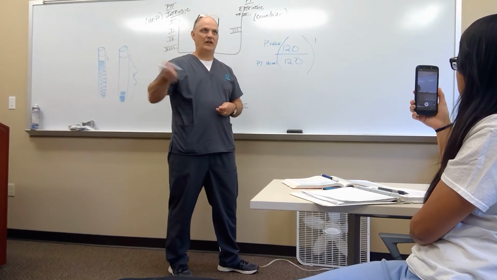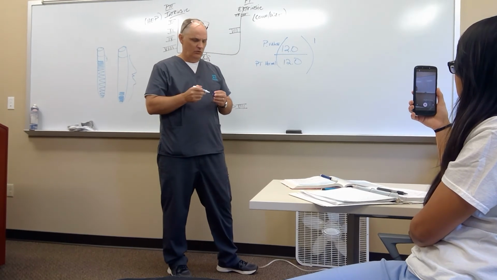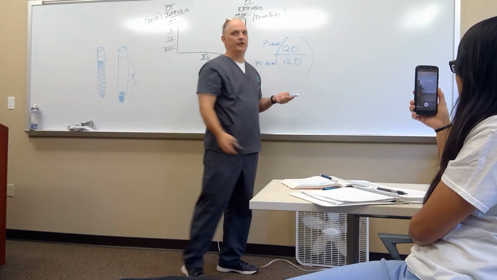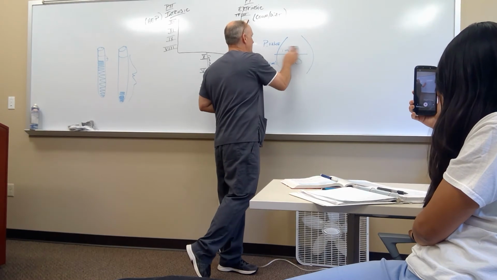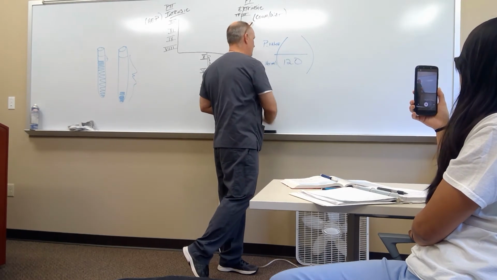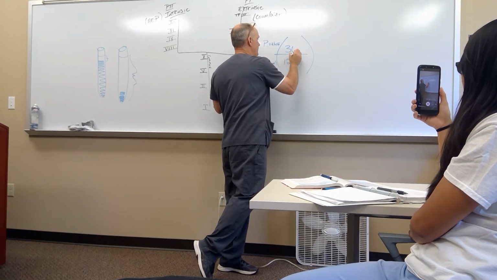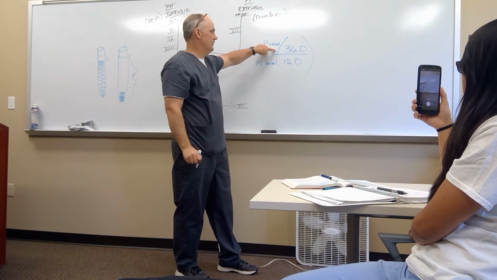That's one thing techs always look for: an INR of 1 means completely normal, okay? Any power I put on this, the answer is going to be 1. But if, for example, the pro time was 36, which is about what a patient taking Coumadin would have, 36, okay?